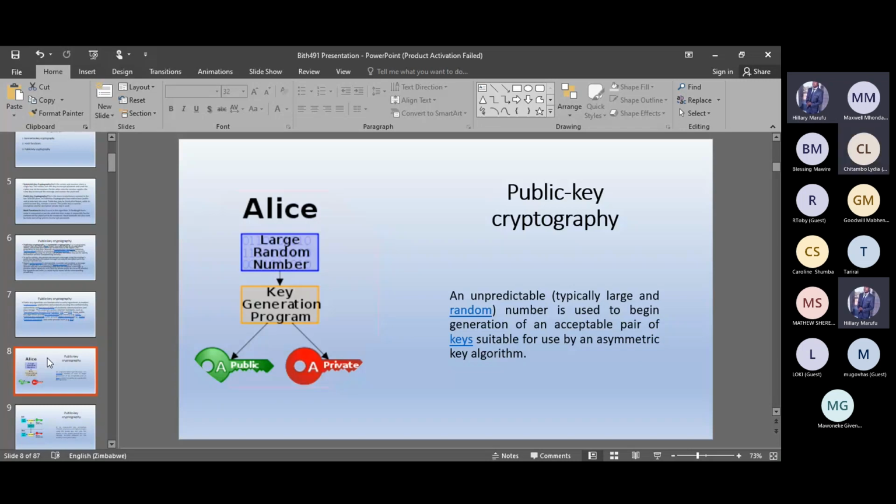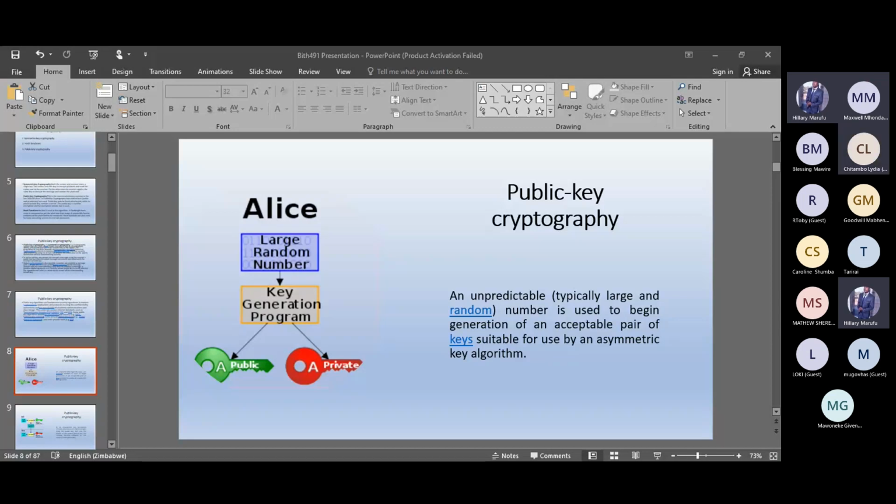So why do you suppose there's need to generate a very large random number? It's for you guys. Why is there need for us to generate a large random number? Anyone? Let's find someone who hasn't said anything.